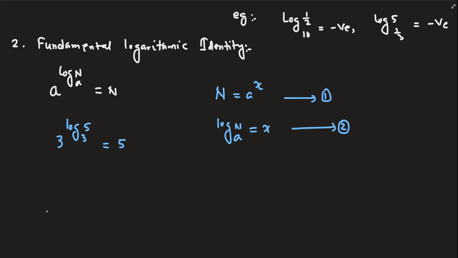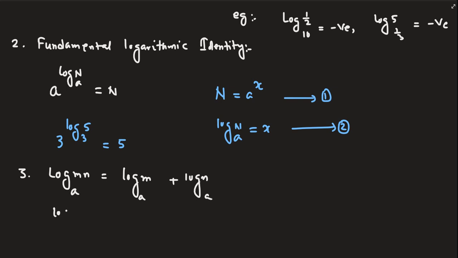Is it okay? Now property 3: log of m times n, in product form, you can write as log of m plus log of n, but the base should be the same.